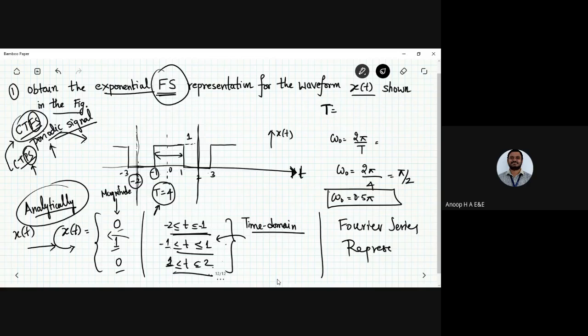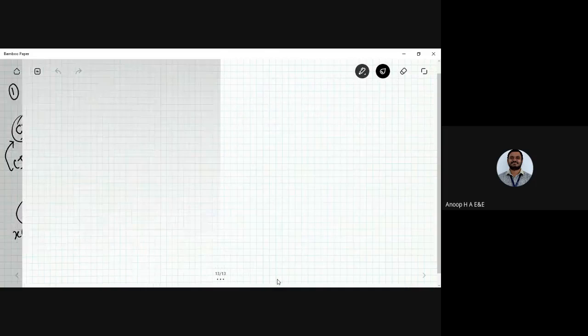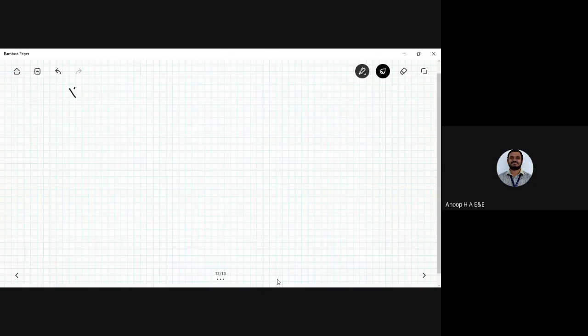In the coming classes we'll be discussing Fourier transforms also, so you should not get confused. That is the reason why I'm telling this again and again. Now I have represented it in an analytical manner. So what is x of k?